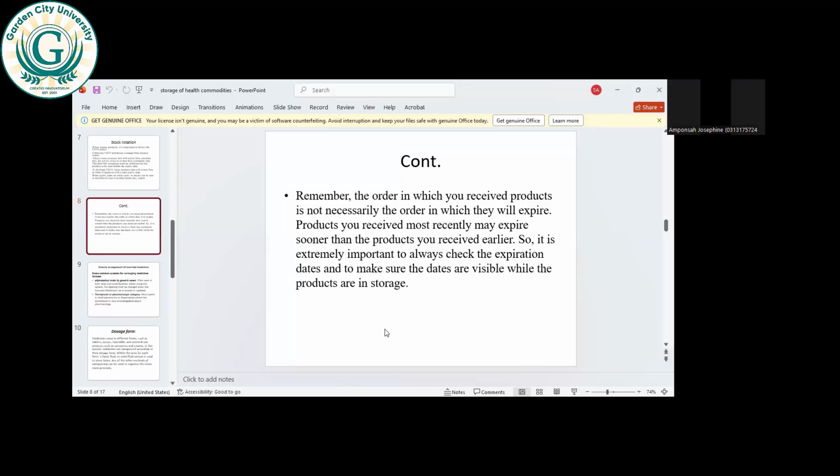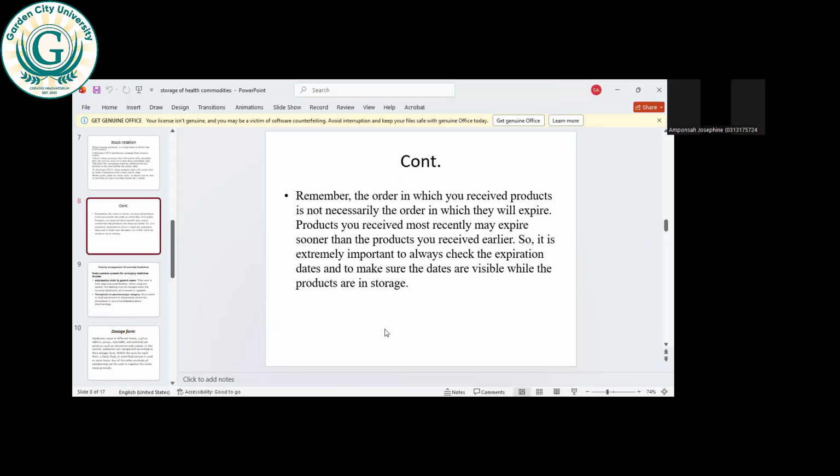So remember, the order in which you receive product is not necessarily the order in which they will expire. Product you receive most recently may expire sooner than the product you received earlier. So it is extremely important to always check the expiration date and to make sure the dates are visible while the products are in storage.